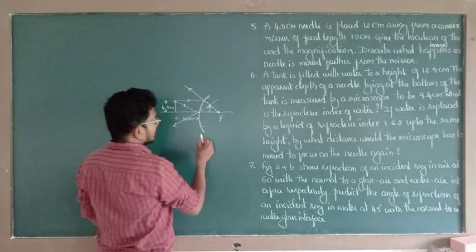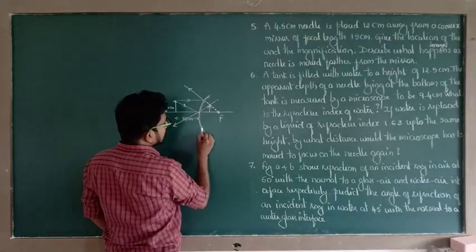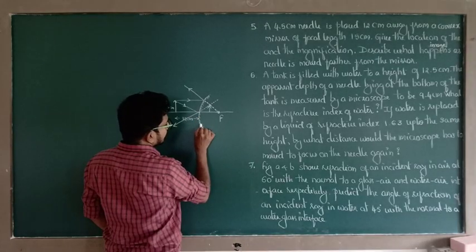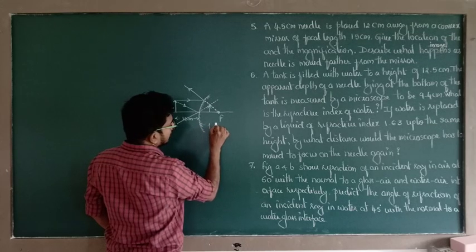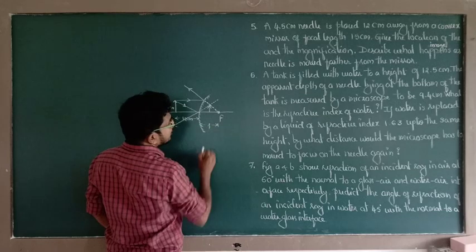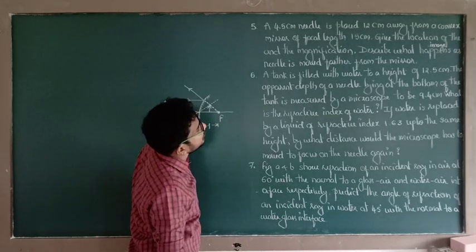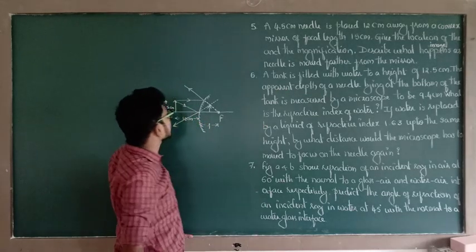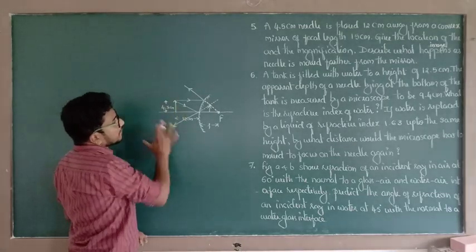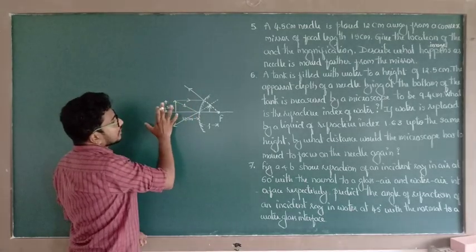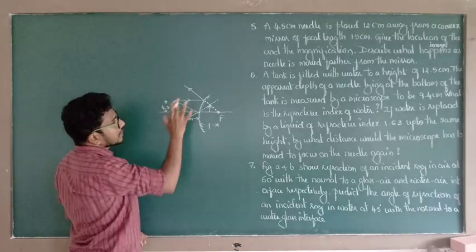The distance between the pole and the principal focus is known as the focal length. From the given data, the focal length of this convex mirror is 15 centimeter. So this is the brief explanation about the given numerical.